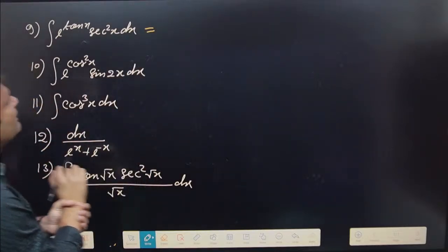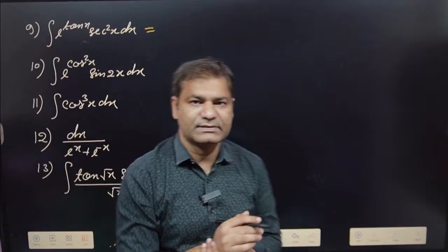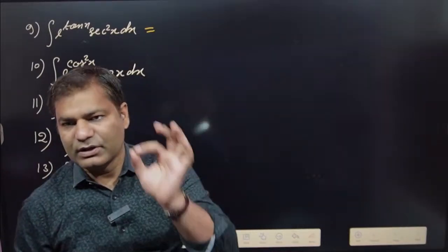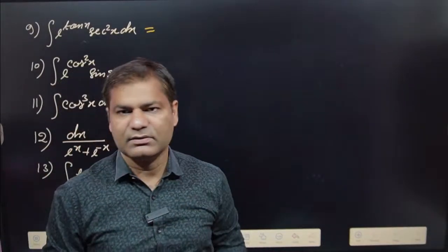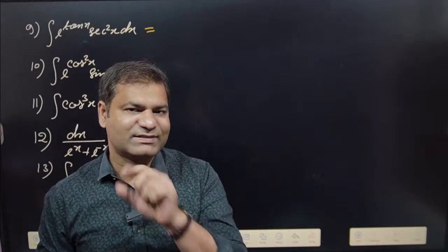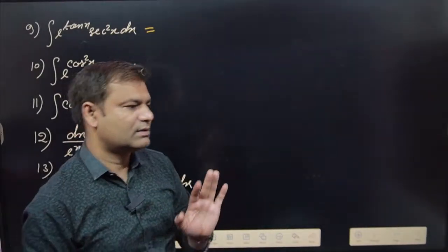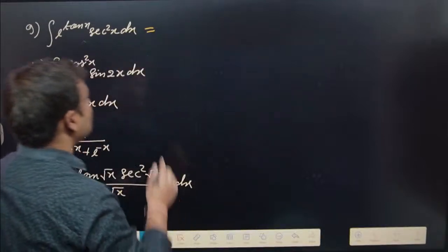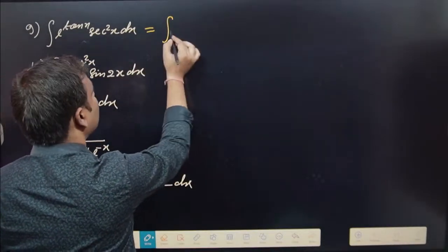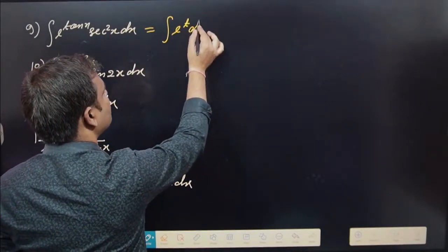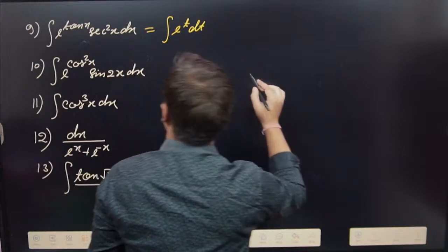That is e to power 10x into sec square x dx. Simply, if tan x is taken as t, then sec square x dx is replaced by dt. So basically this is written as e to power t into dt. Why is this written?